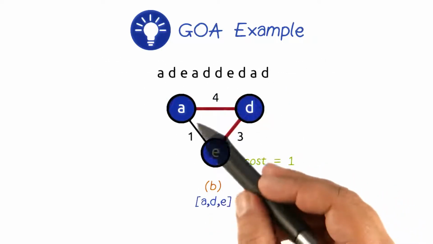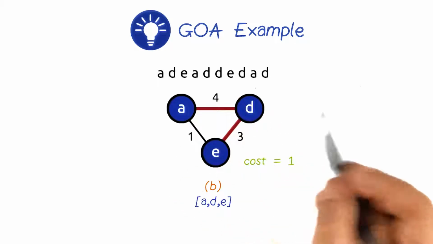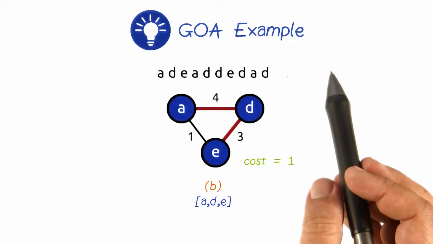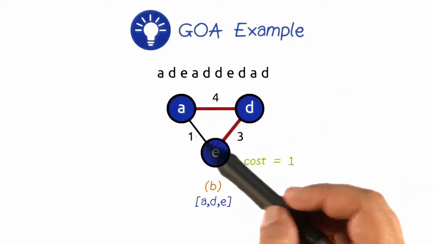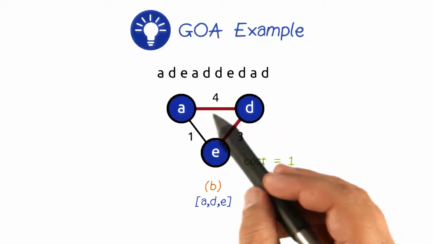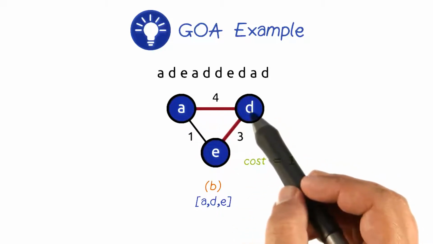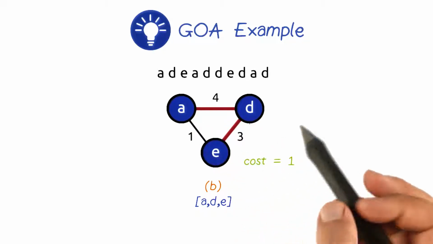So if we just focus on edges that concern A, D, and E, we can remove all the other accesses from the access sequence and build an access sequence which is just focused on these 3. And we can see here the access sequence comes out to be A to D 4, D to E 3, and A to E 1.